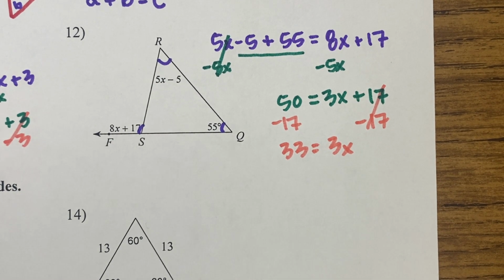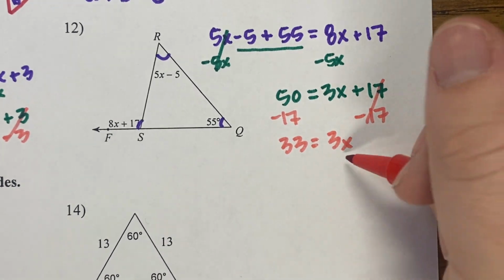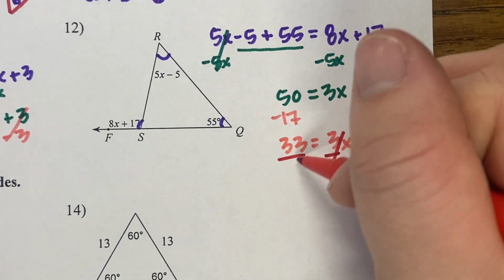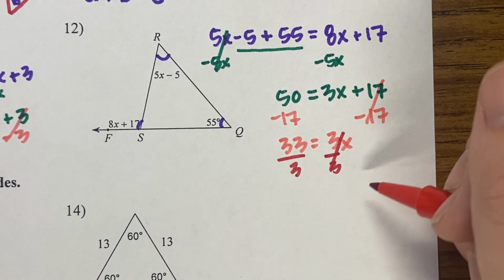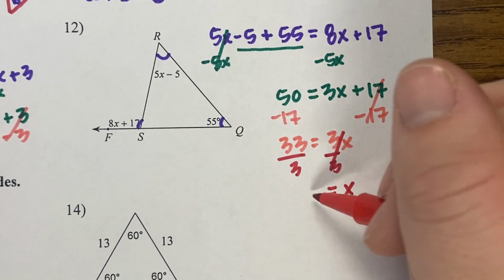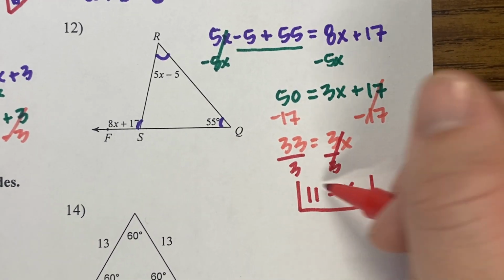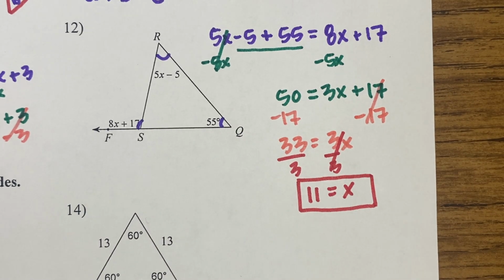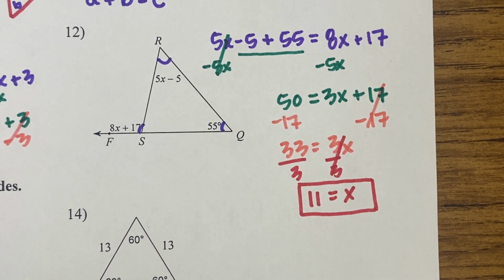My last step for getting x by itself, opposite of times by 3, is divide by 3. So I get x is equal to 33 divided by 3, 11. So x is equal to 11. Awesome.